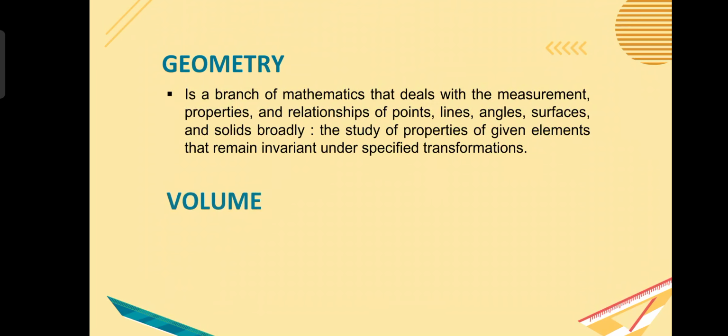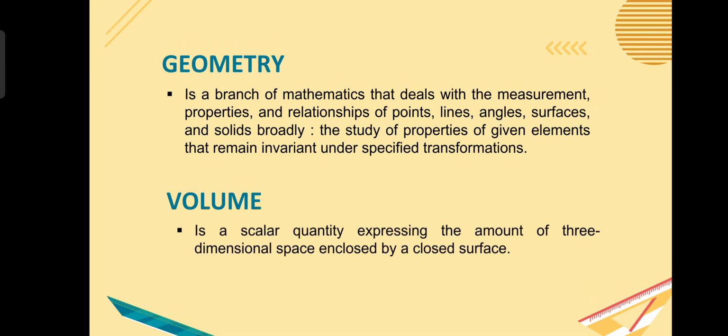And when we say volume, volume is a scalar quantity expressing the amount of three-dimensional space enclosed by a closed surface. So these are the definitions of geometry and volume.